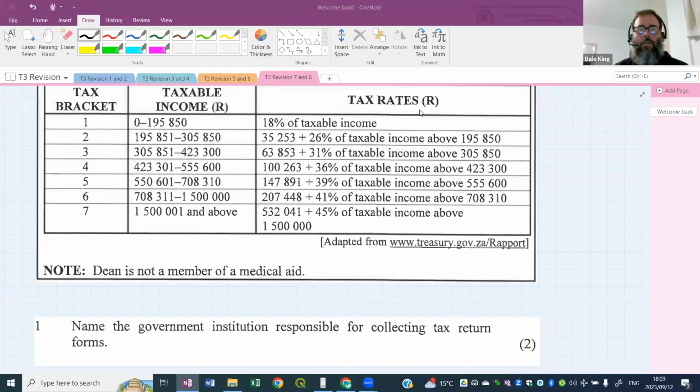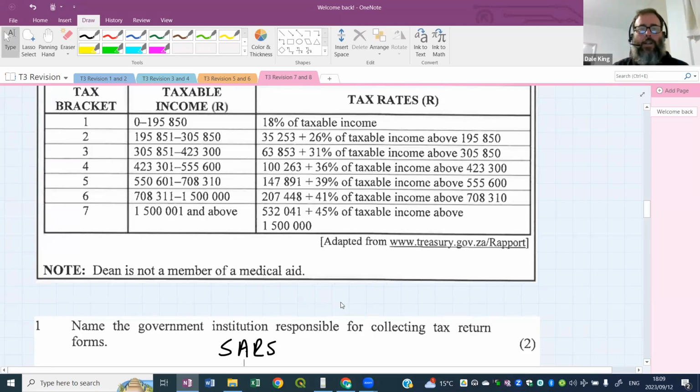South African Revenue Service, SARS. Yes. Okay. So let's put that in there. I'm going to write SARS but you should write South African Revenue Service. If you write SARS, I think they will give you the mark. It shouldn't be an issue. Okay. All right, next question.